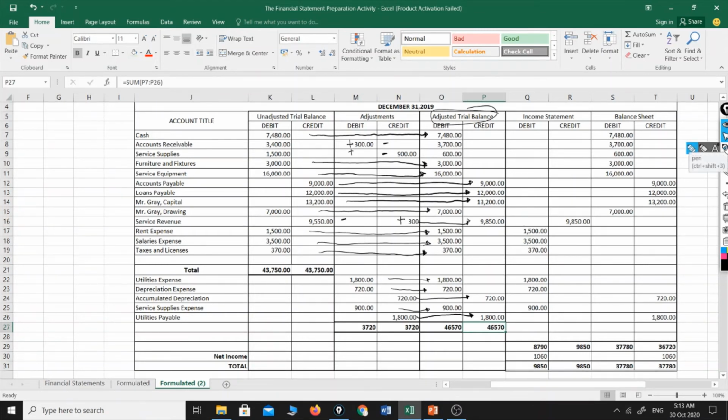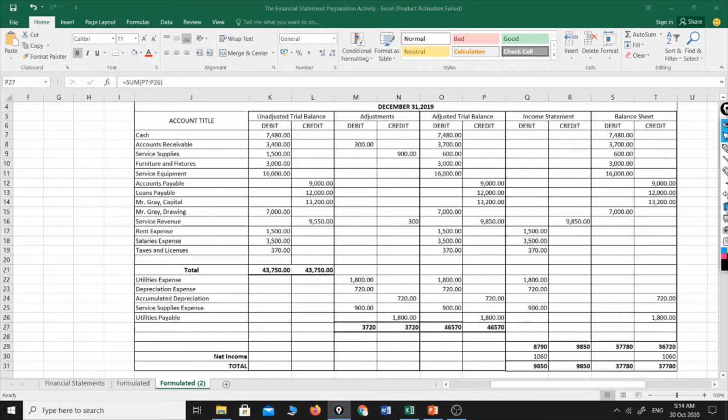So next is, after having the adjusted trial balance here, okay na, we've already incorporated the adjustment. That's how we created the adjusted trial balance. Now, we have to extend this one to the income statement section and the balance sheet section.